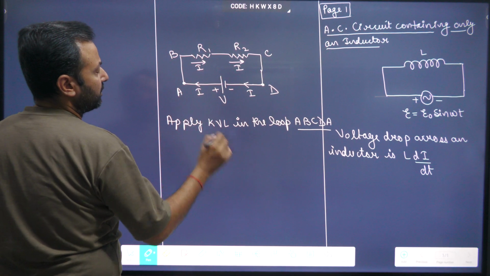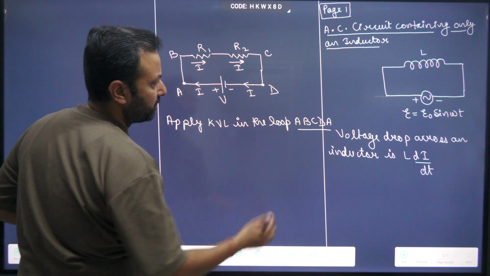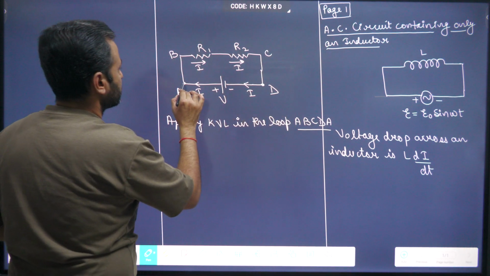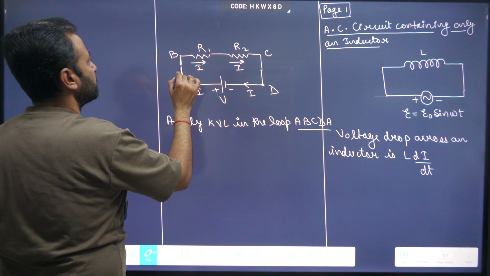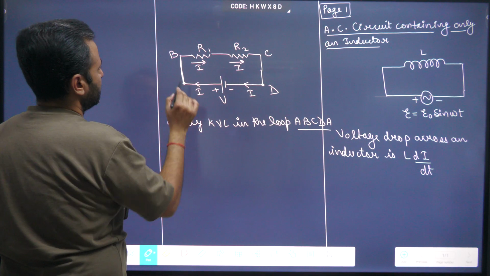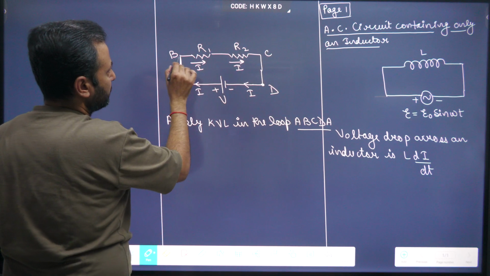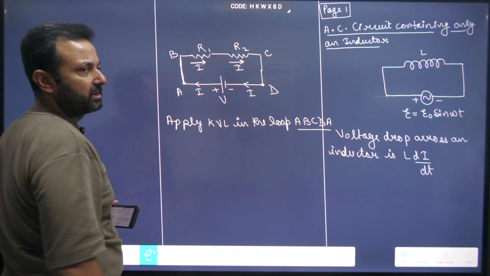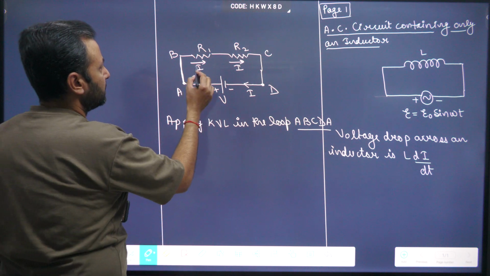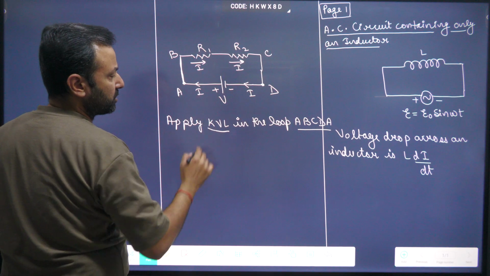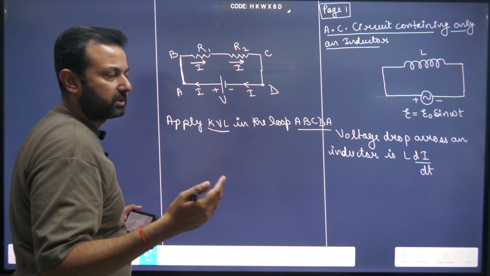Then we have to move from A to B, then B to C, then C to D, then D to A. While moving from A to B, there is no component. While moving from B to C, there are two components. We are moving from B to C and current is also going in the same direction. Then voltage drop will be I into R1, because this is Kirchhoff's voltage law, so we are going to take only voltages.